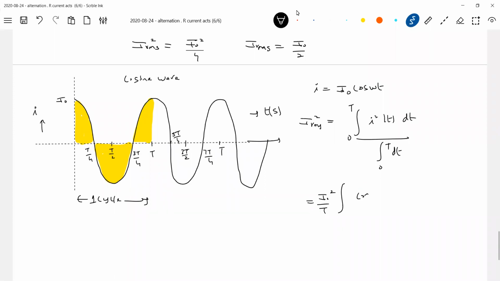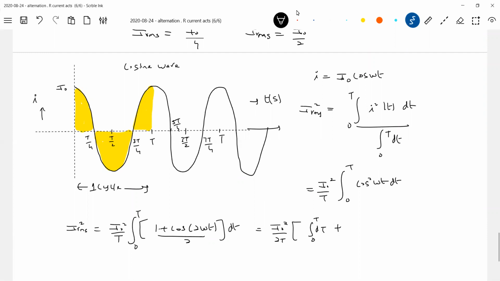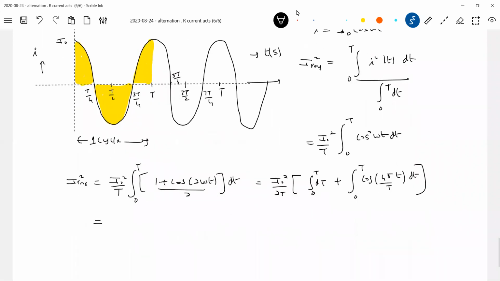So RMS square is equal to I naught square by T, integral of cos square omega t, which is 1 plus cos 2 omega t by 2. The integral of cos omega t will be, so let's substitute all the limits, then we'll see how this function will end up.